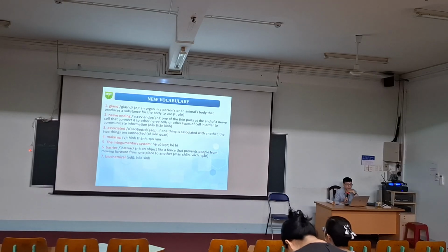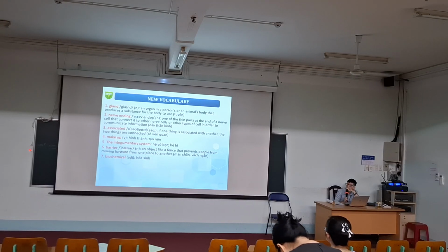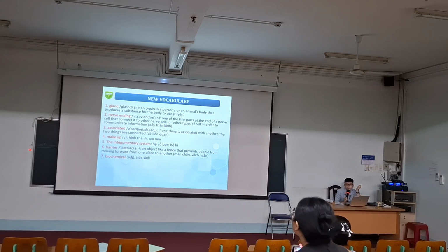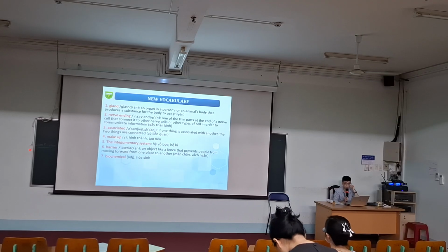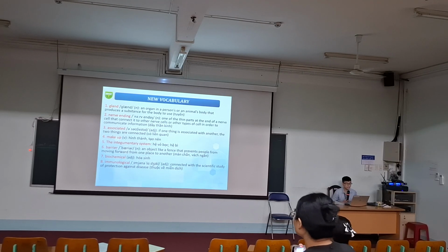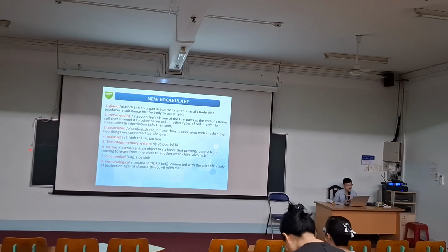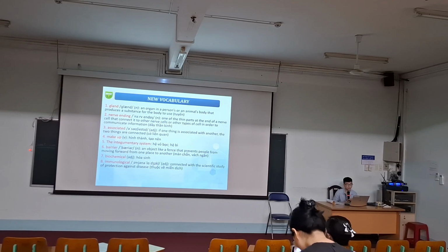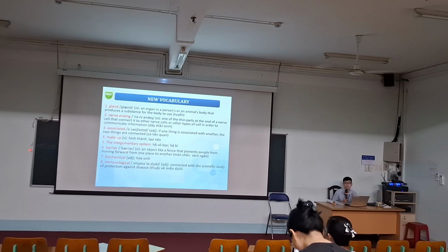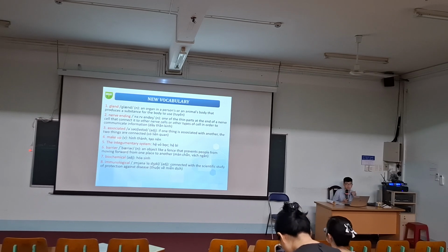Number 7, biochemical. This word comes from biology and chemistry. Number 8, immunological. This is connected with the immune system, connected with the scientific study of protection against disease.